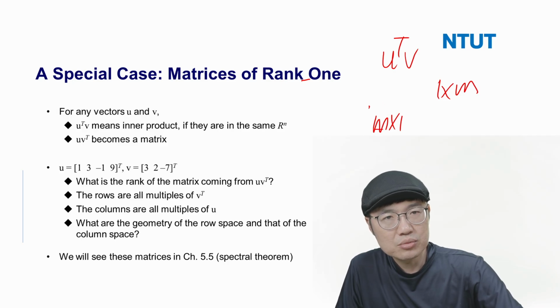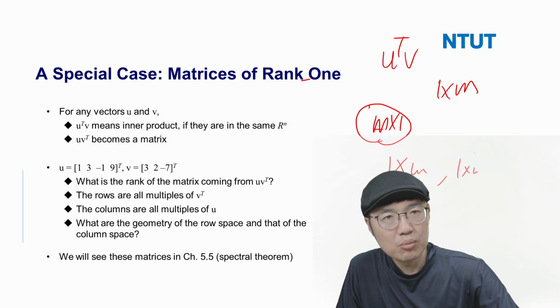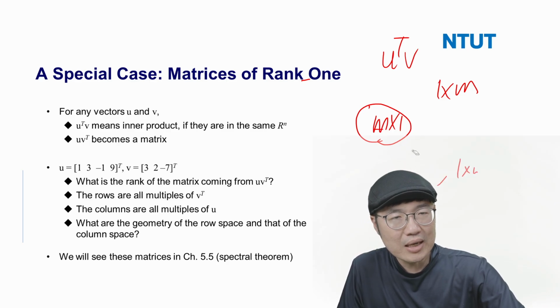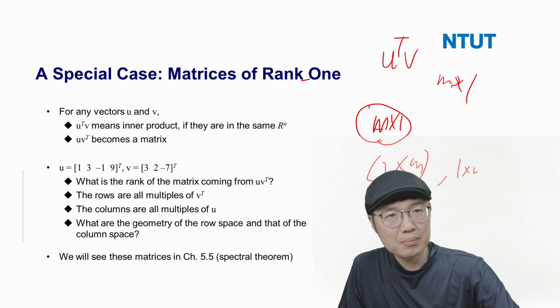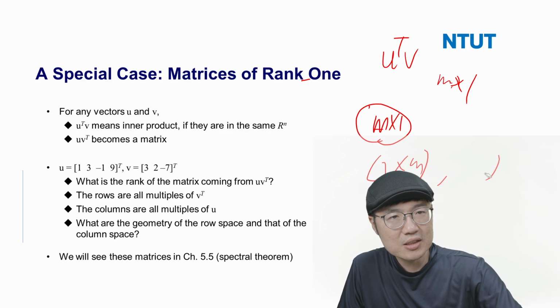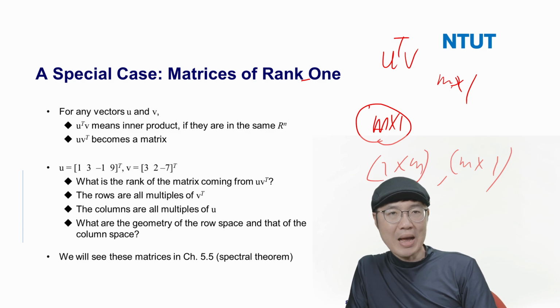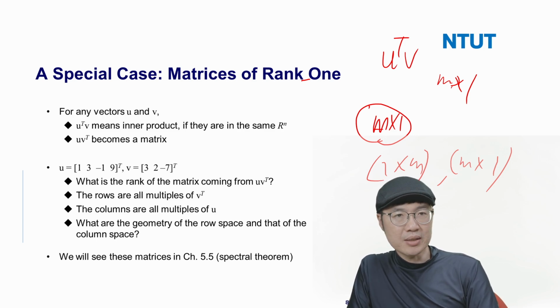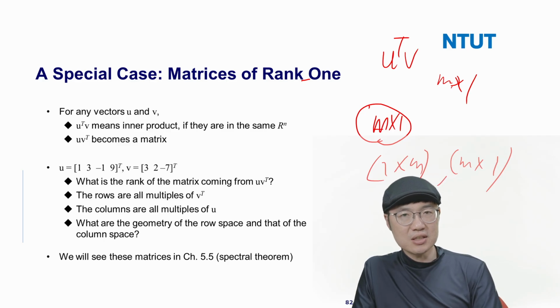So when you transpose this into 1 by m, then a 1 by m vector times an m by 1 vector is reduced to a 1 by 1 single number. It's no longer a matrix, just a number. So we call this inner product.